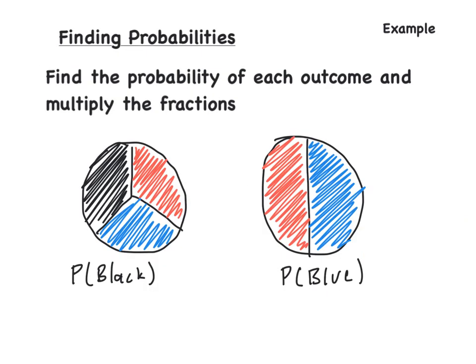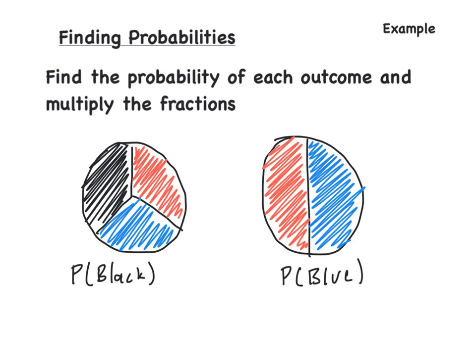Now we're going to be focusing on some probabilities. I have 2 different spinners here. I have a spinner of black, red, and blue, and then I have another spinner of red and blue. What's going to happen? I'm going to spin the first spinner, then I'm going to spin the second spinner.